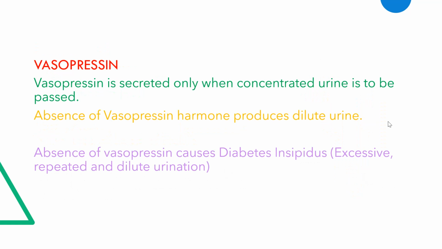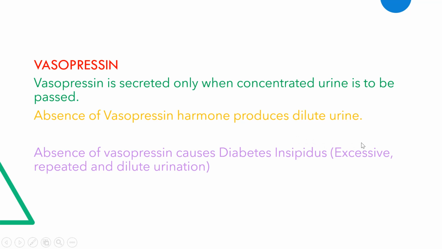Then what is this vasopressin? The vasopressin is the hormone secreted only when concentrated urine is to be passed. So when the vasopressin is absent or not produced, the urine will become dilute.